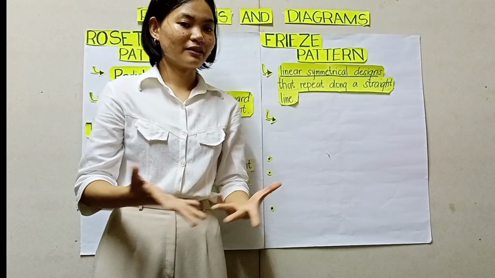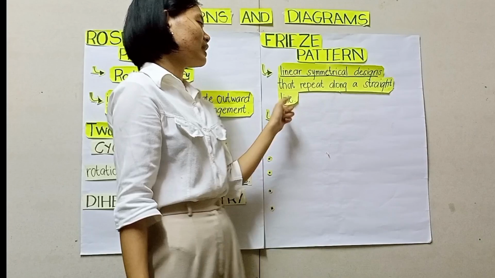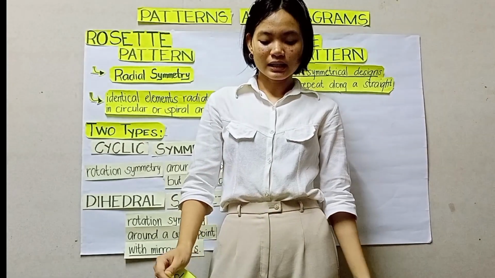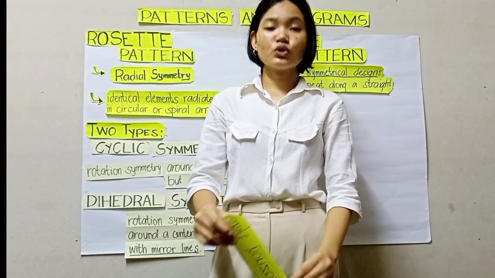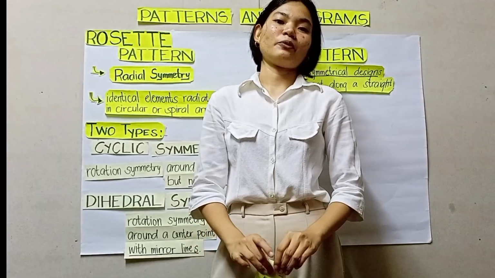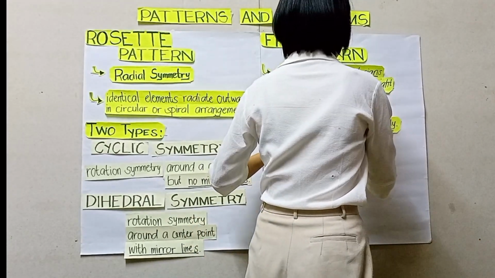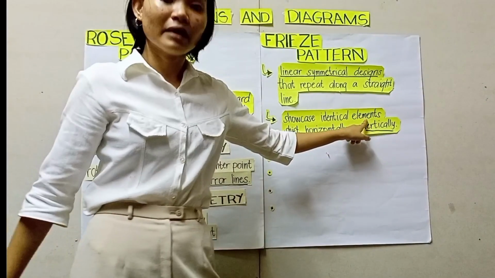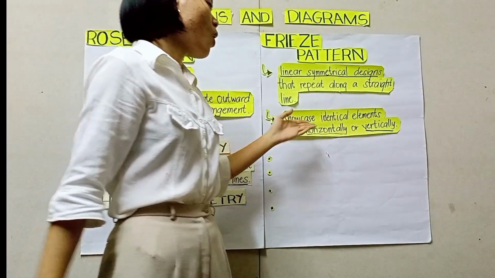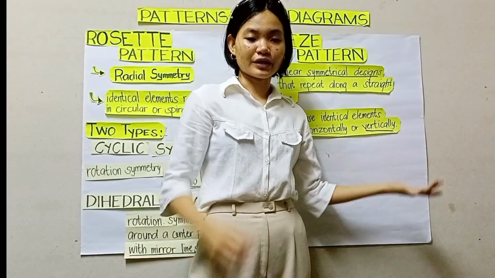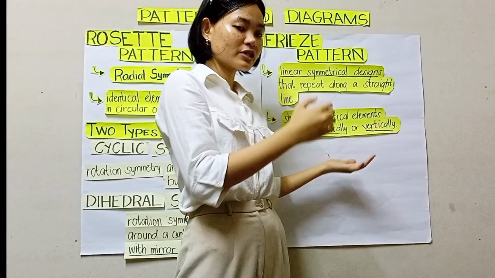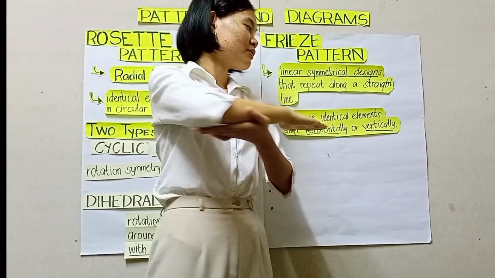Linear means line, okay? Straight line. There are two types of straight line that we know, right? It showcases identical elements shifted horizontally or vertically. Horizontally means like this. Vertically.